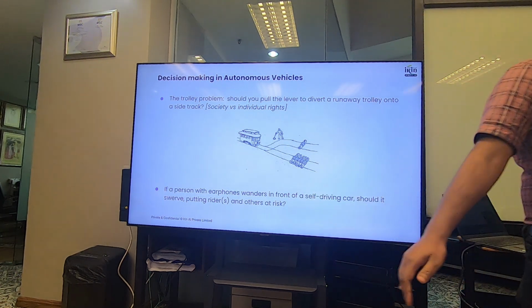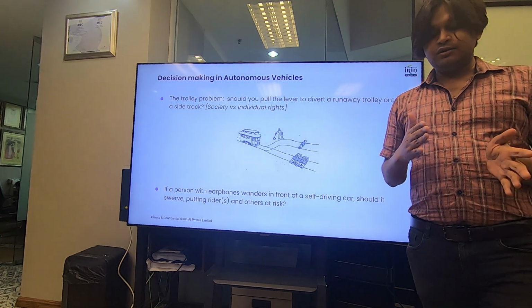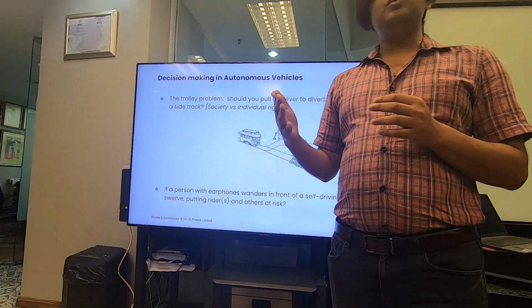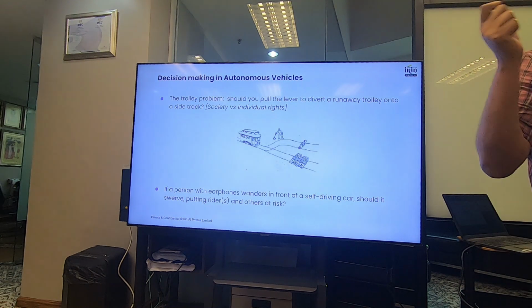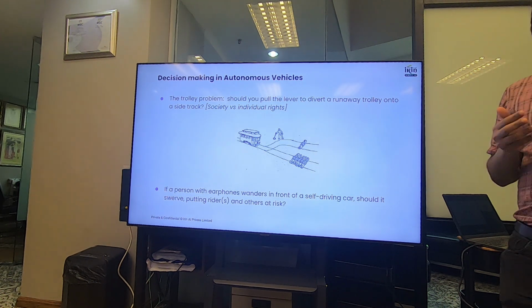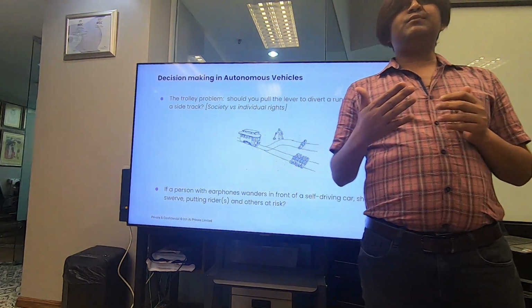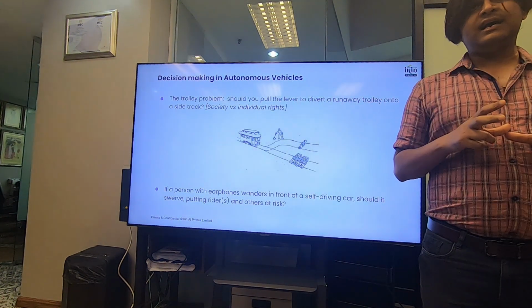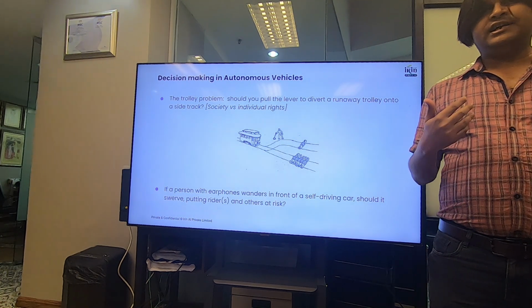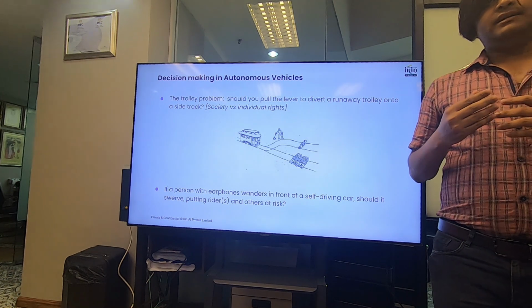Another case of ethical dilemma in driverless cars can be, let's say you are teaching a car what to do when a person wearing earphones comes suddenly in front of the car. What should the driverless car do? If it brakes, it's possible that the people in the car may get injured, because suddenly braking may flip the car.